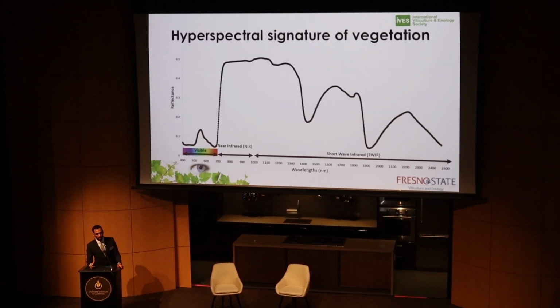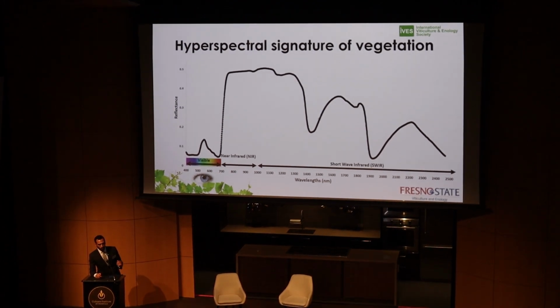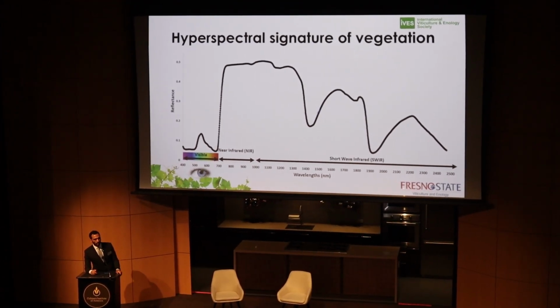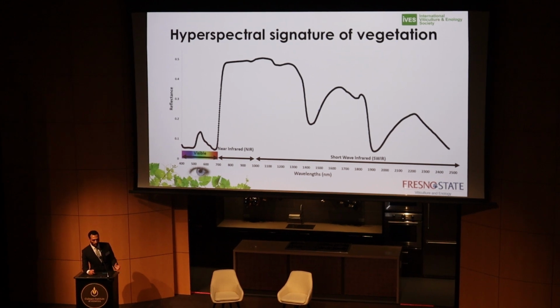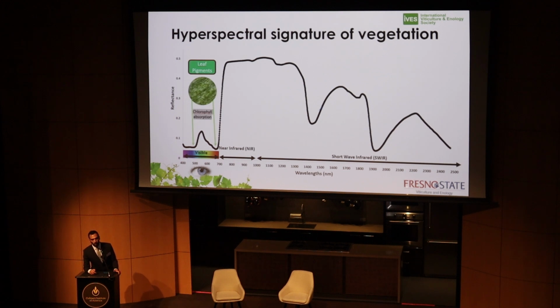So if you look at the hyperspectral signature of vegetation, which you see in this plot, with on the x-axis the wavelengths, on the y-axis the reflectance, so how much light is reflected by the object, in this case, a grapevine leaf. We only observe grapevines between 400 and 700 nanometers, which is a place where we look at colors. We look at how green the plant is, how red or yellow.